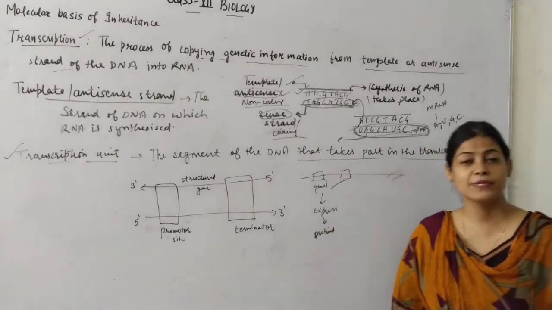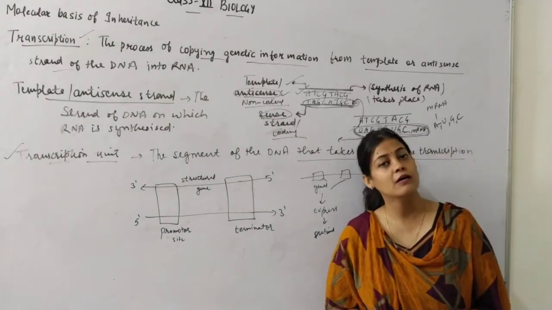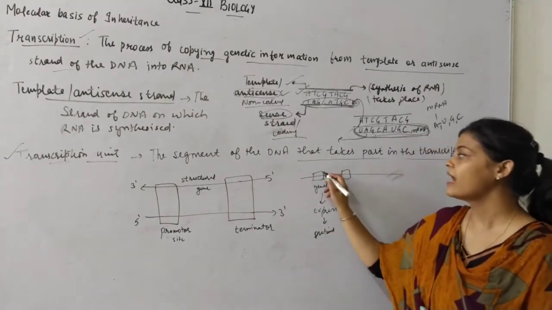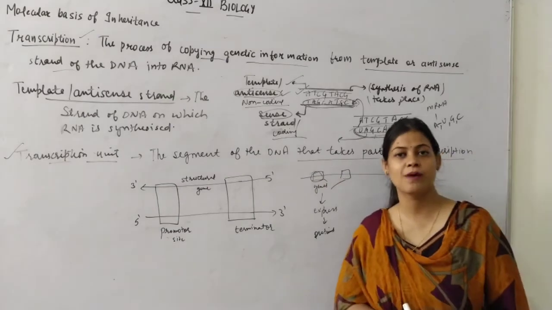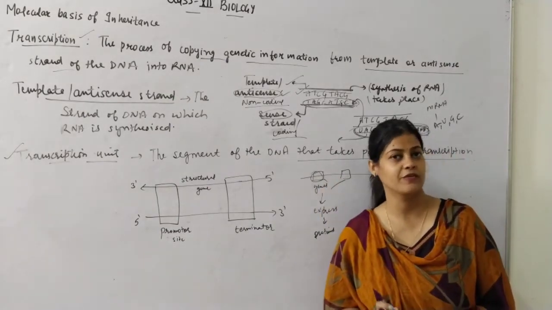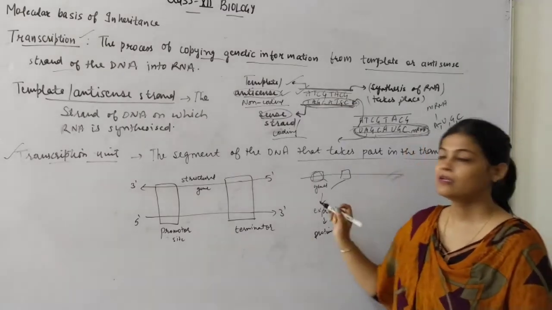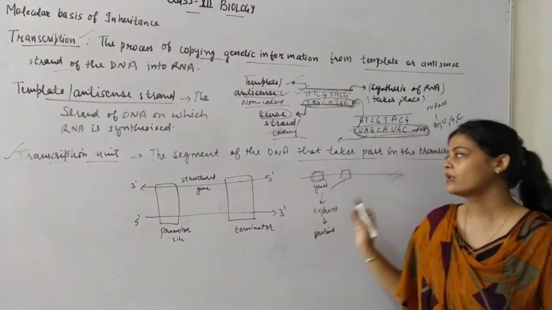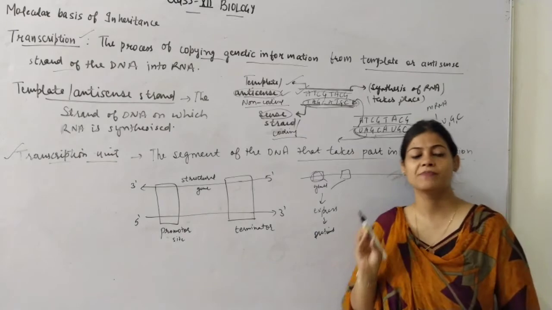So for that we require only this much part which has a specific code for the synthesis of a specific protein. ठीक है, so this is clear that the whole DNA will not undergo transcription, only a specific portion.